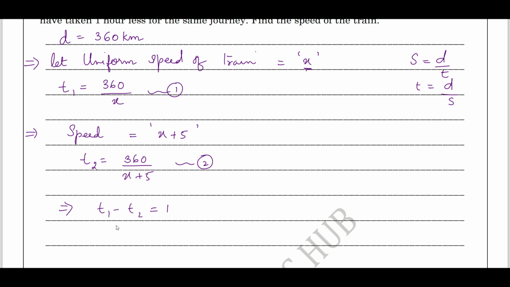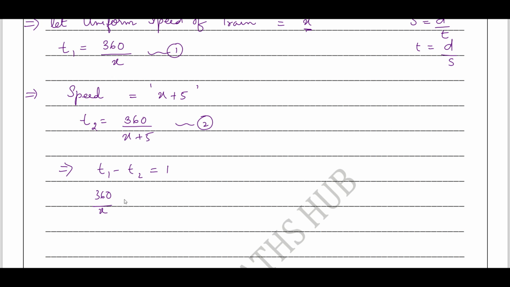That is, t1 is 360 by x minus t2 is 360 by x plus 5 equals 1. Now, what is common here? The common is 360. If I take that out, the remaining is 1 by x minus 1 by x plus 5 equals 1.